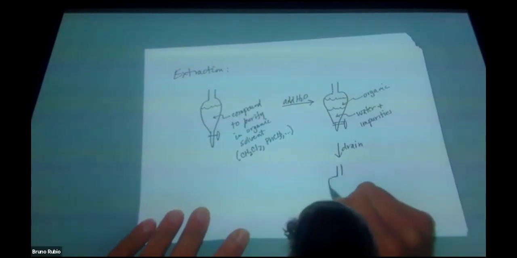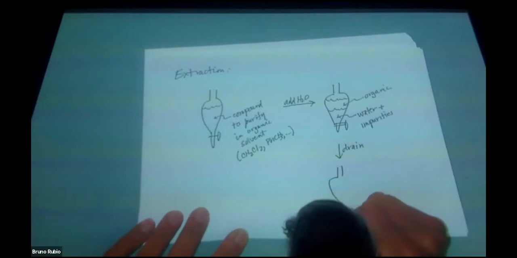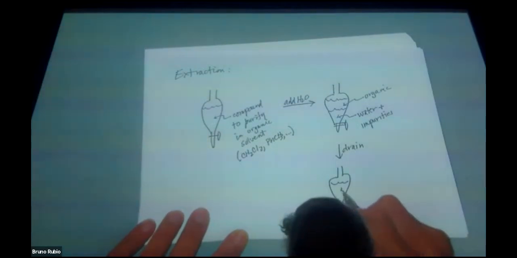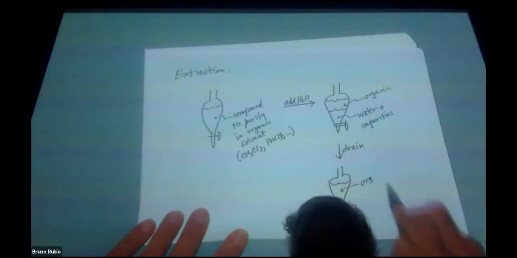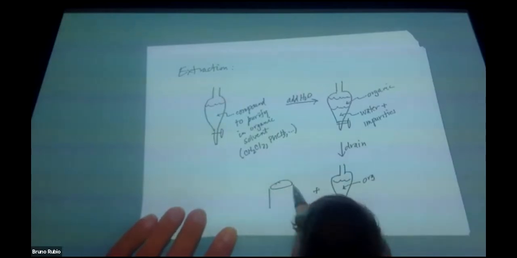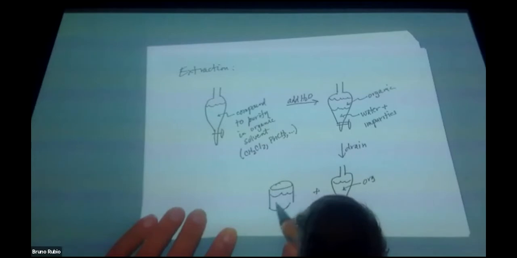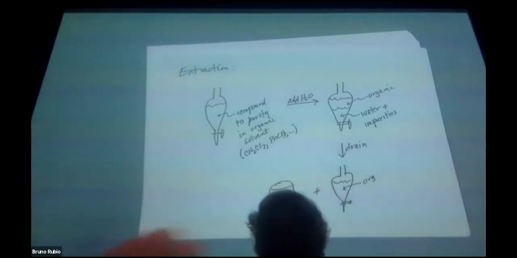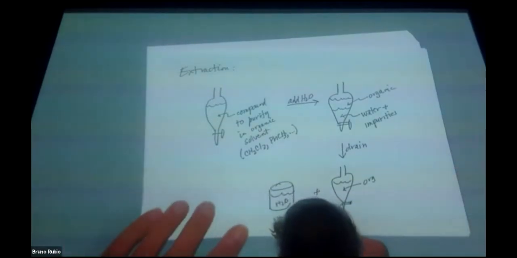We drain the SEP funnel, and what is left in this funnel now is the organic phase. And in a beaker over here, we have our water layer, which has the impurities in it.